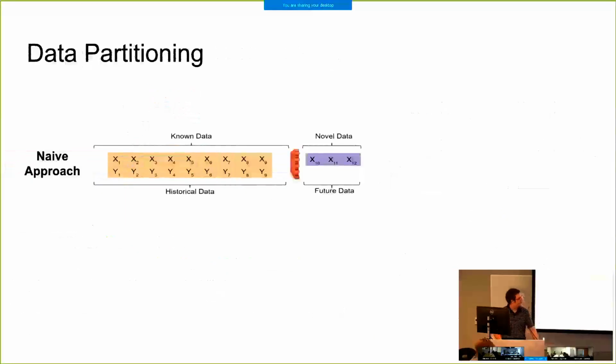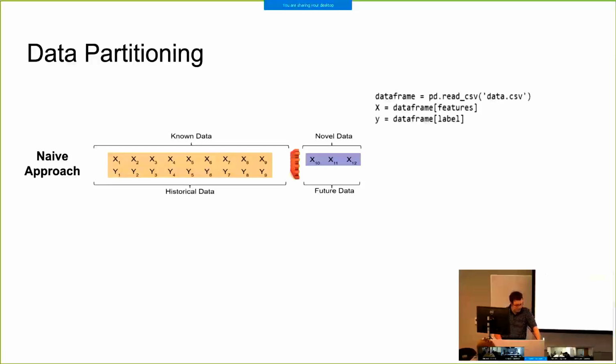Okay, now what I want to talk about is a very important idea within machine learning, and one that you'll need to do over and over again in your code in the weeks ahead, and that is the concept of data partitioning. So this is the naive approach where your historical data is known and your future data is novel.